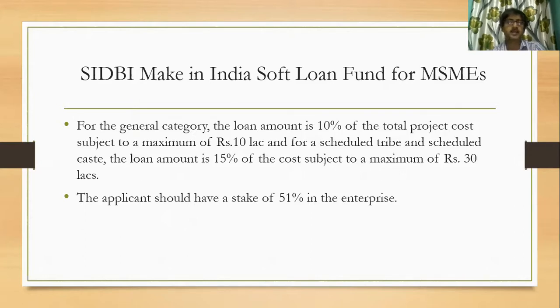In the case of the scheduled tribes and scheduled castes, it will be 15% of the entire project cost, with a maximum limit of 30 lakhs. So for general category people, it will be 10% of the total project cost, and the maximum cap will be 10 lakhs, whereas in the case of reserved category people, it will be 15% of the total project cost with the upper cap at 30 lakhs.